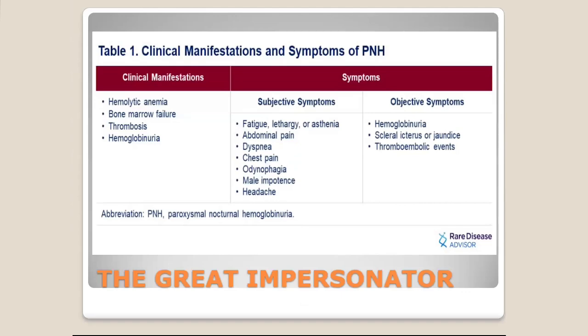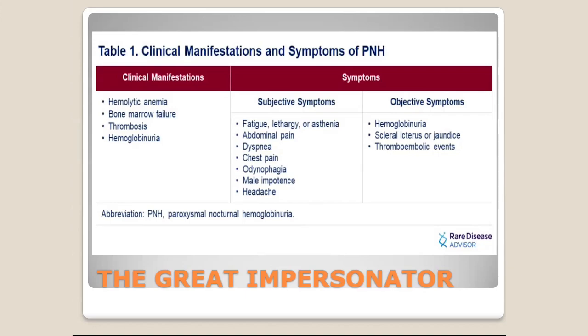The clinical manifestations are hemolytic anemia, bone marrow failure, thrombosis, and hemoglobinuria. The subjective symptoms are fatigue, lethargy, abdominal pain, dyspnea, chest pain, odynophagia. In male patients, erectile dysfunction and headache will be present.